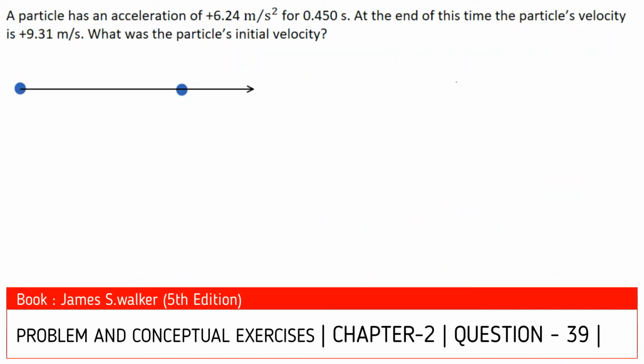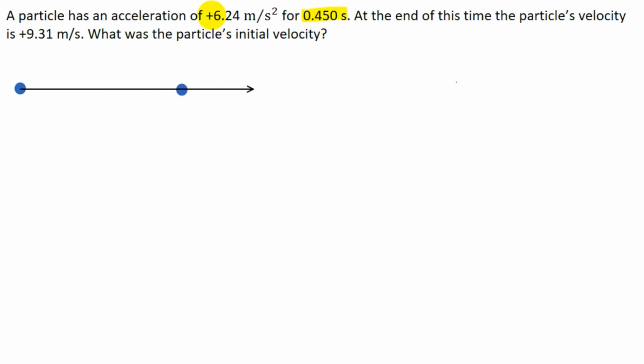So here we are given that a particle accelerates for 0.45 seconds with acceleration 6.24 meters per second squared. Now at the end of this time, the particle velocity is 9.31 meters per second. So let me show it on the figure. Here this is time t equals 0 and let the initial velocity be v0.